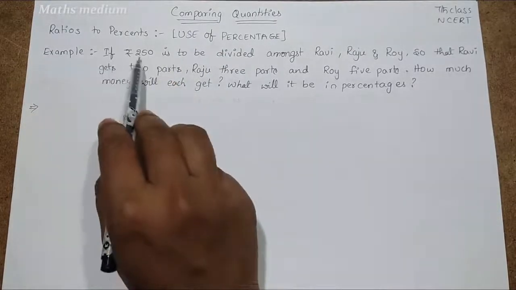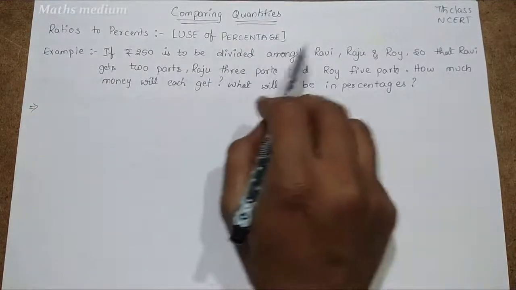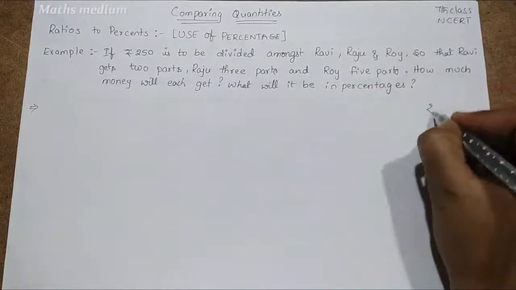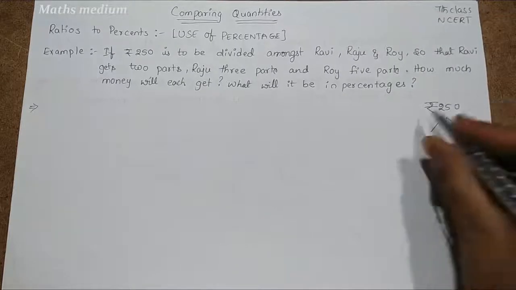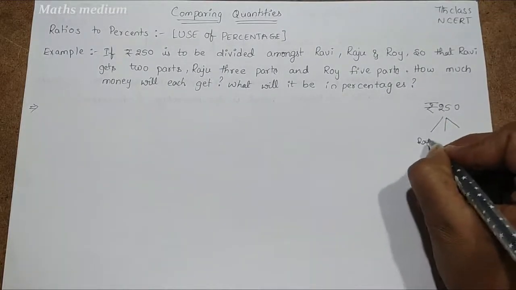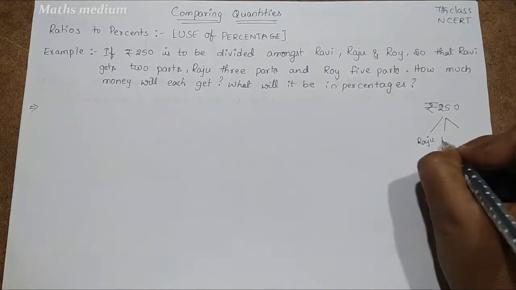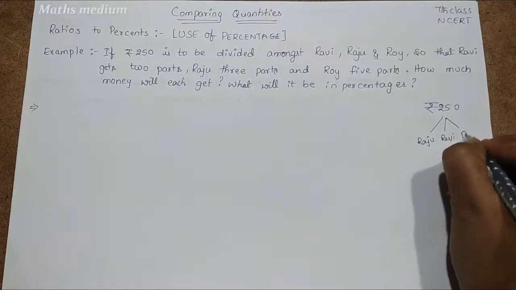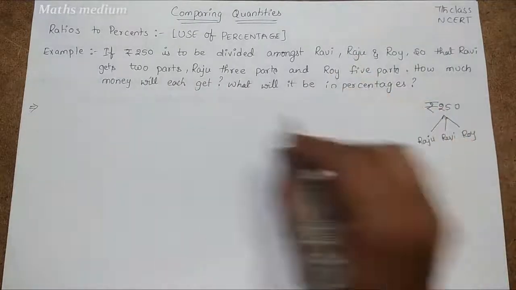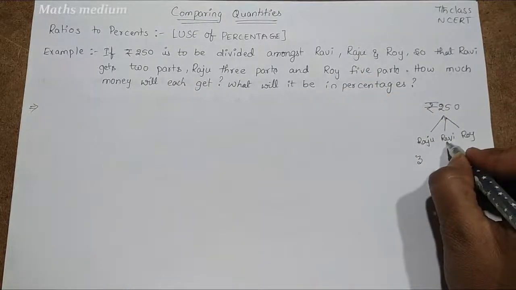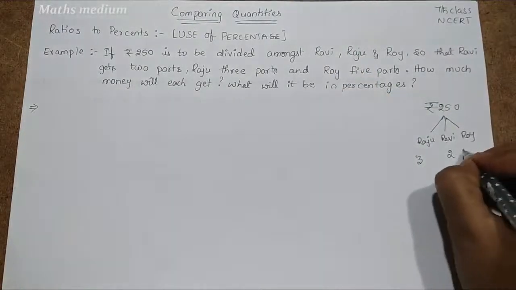See, if 250 rupees is to be divided amongst Ravi, Raju, Roy. Here take 250 rupees. It is divided among Raju, Ravi, Roy. Now, Raju gets 3 parts, Ravi gets 2 parts, Roy gets 5 parts.